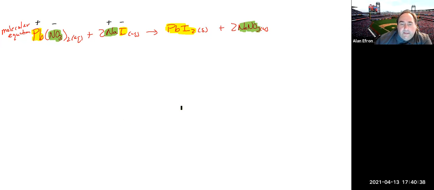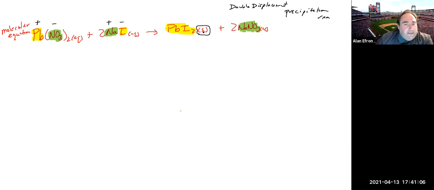So this reaction can definitely be classified as a double displacement reaction. It could also be classified as a precipitation reaction, because as you can see, this lead II iodide is a solid. So some type of solid was formed as a result of that.